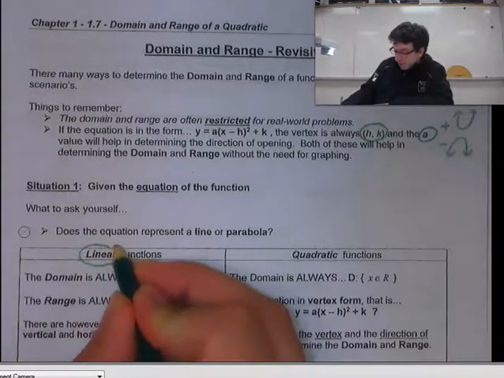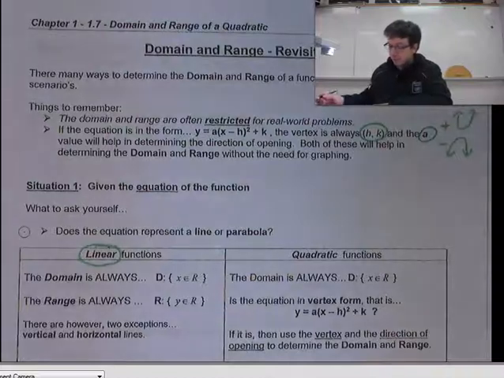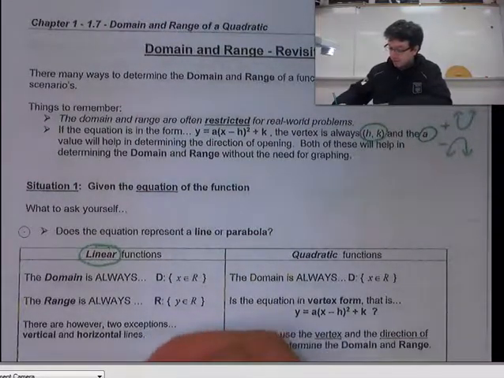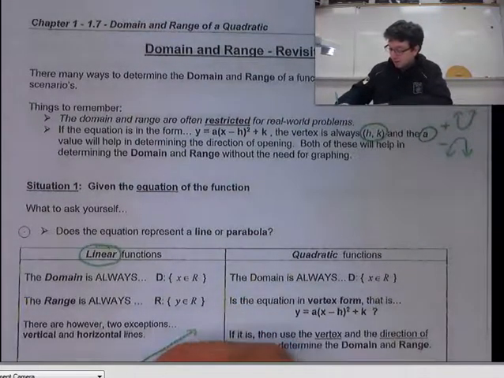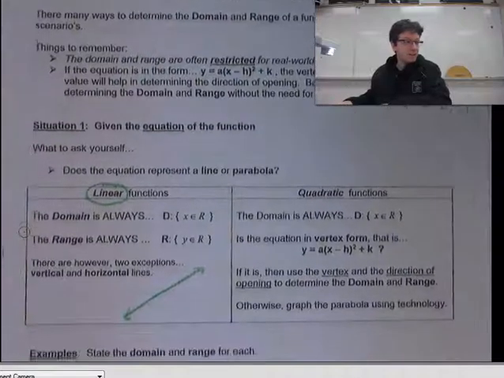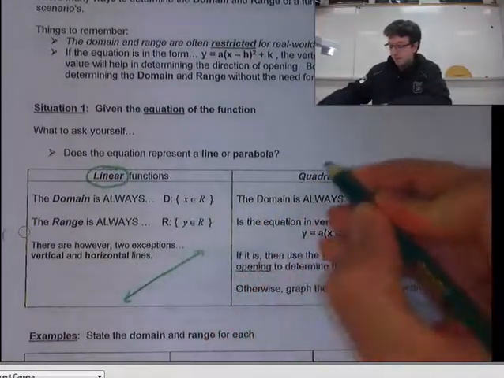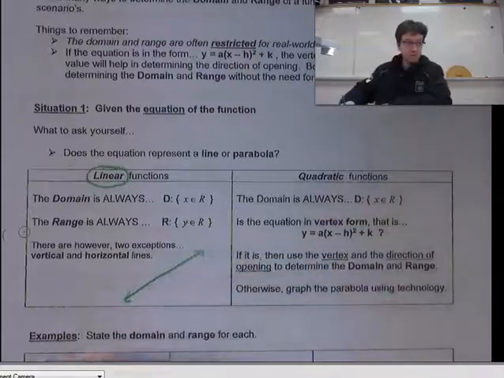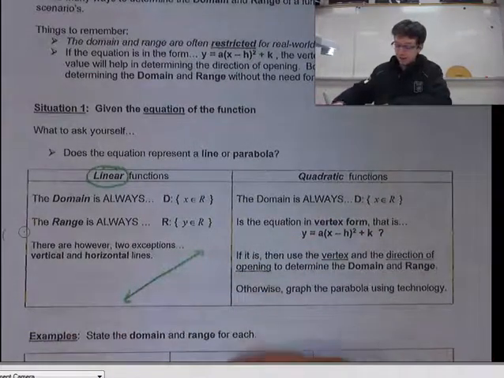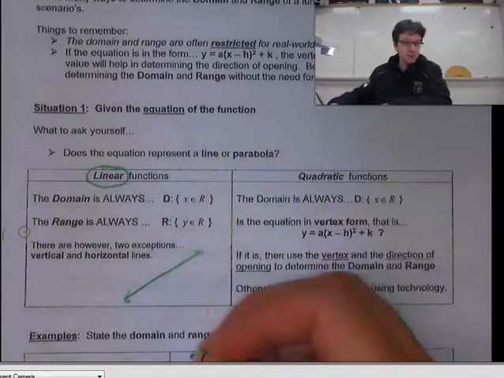For example, linear functions. If you have a linear function, it's just a line, right? And if that line goes on forever, like this, then we are in every single x value going sideways, and we are in every single y value.